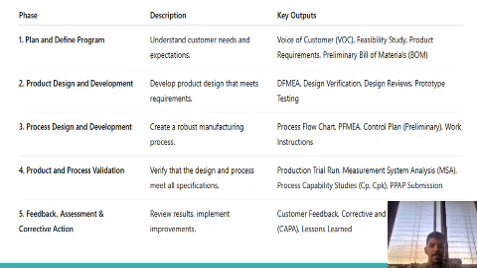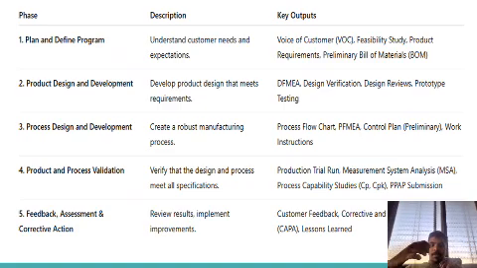Create a robust manufacturing process flowchart, PFMEA, control plan, work instructions. The fourth point is product and process validation. Verify that the design and process meet all specifications.